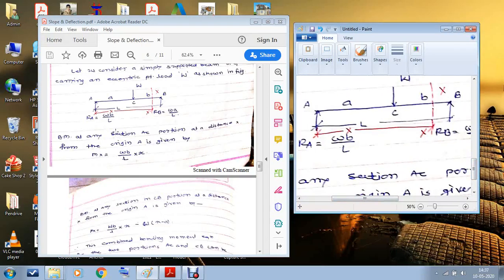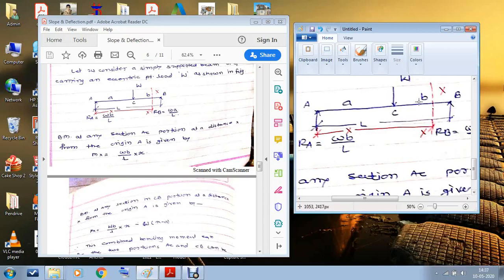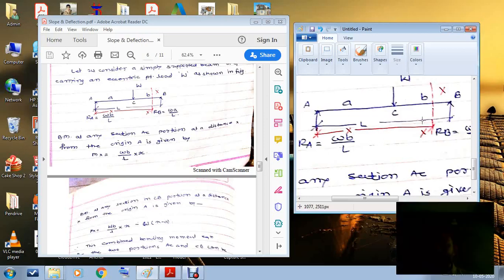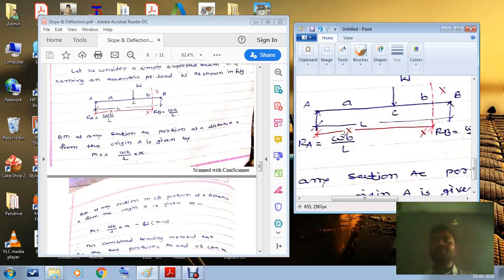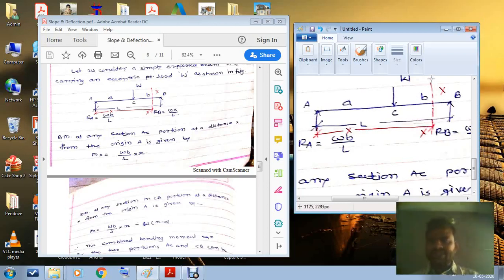Just as in the double integration method, where we wrote one governing equation to calculate the bending moment, here also I am considering a section XX. Here you can see I have considered a section after this point load, at a distance x from support A. Now I will write an equation to calculate the bending moment at this section XX.